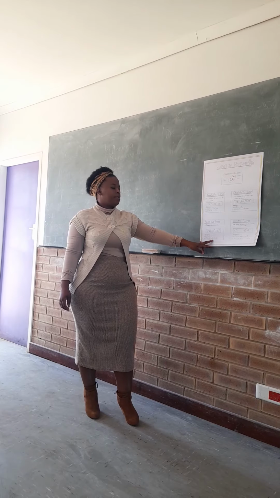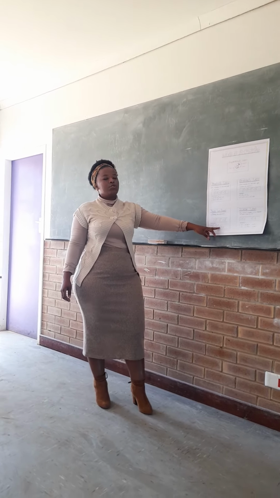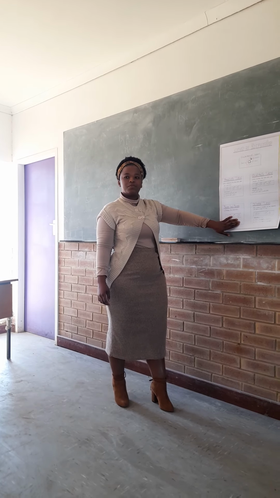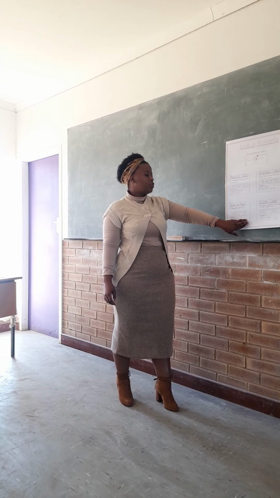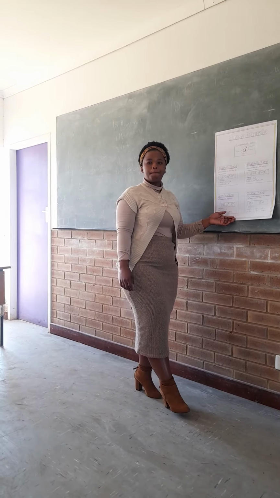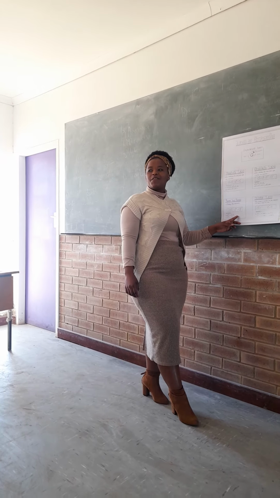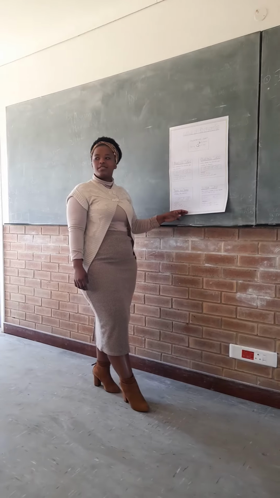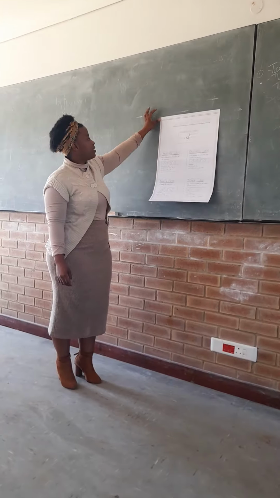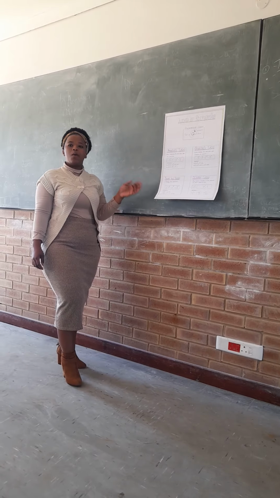What is 5 multiplied by 3? 15. 2 to the exponent of 15 is equal to 32,768, right? This is how we solve our power to a power law.